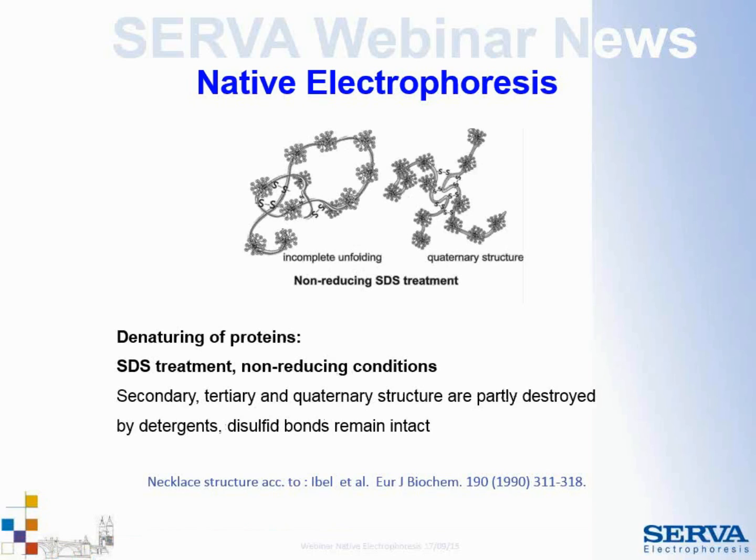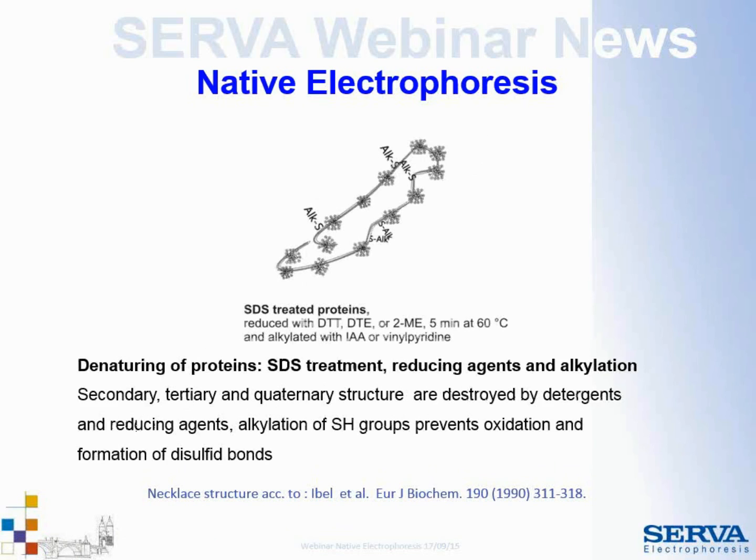If you use SDS treatment but no reducing reagents, the disulfide bonds remain intact. Only a slight denaturing is achieved. And here's a special kind of denaturing.